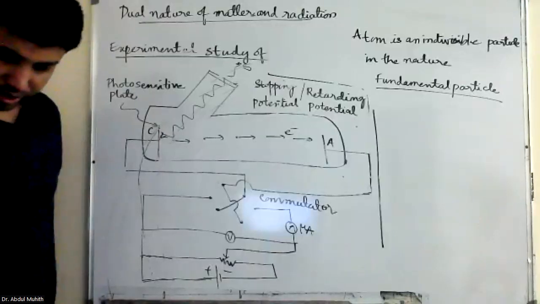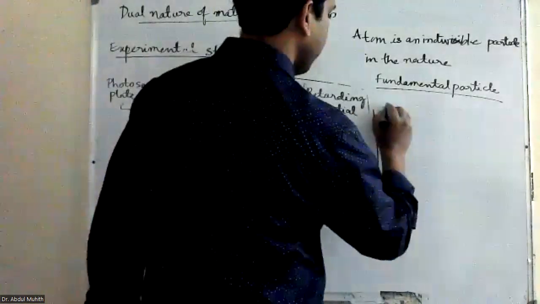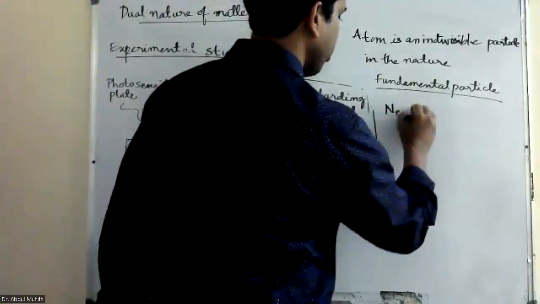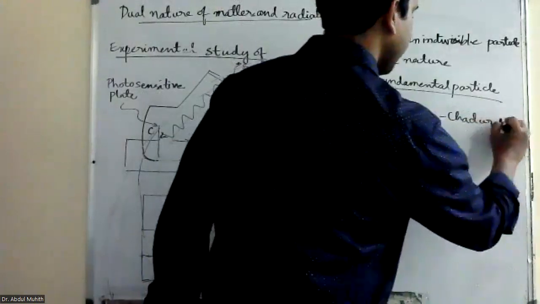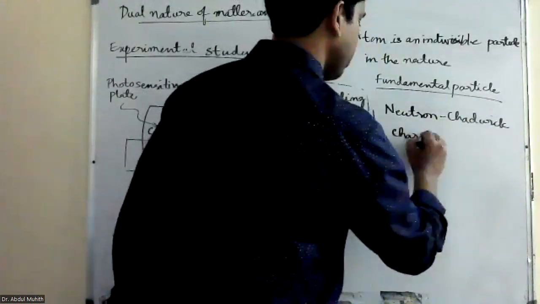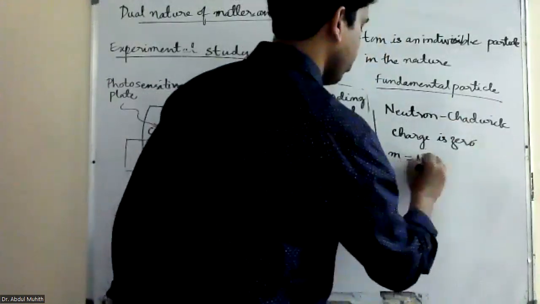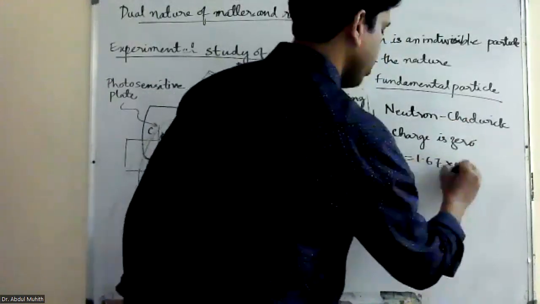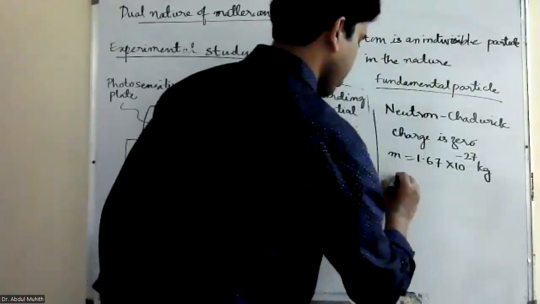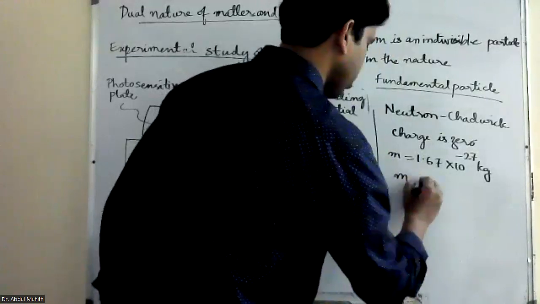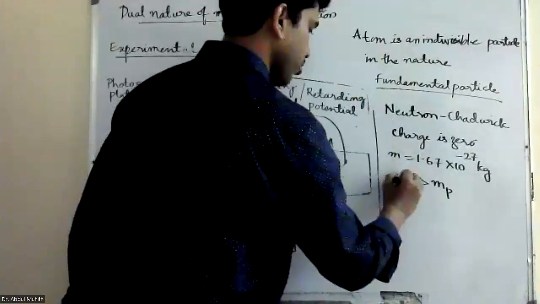Now here we have the third particle, the neutron. Neutron was discovered by Chadwick. The charge of the neutron is 0. Charge is 0, don't say neutral. The mass of the neutron is 1.67 times 10 to the power of minus 27 kg. If you compare the mass of the neutron to the mass of the proton, the mass of the neutron is slightly greater.